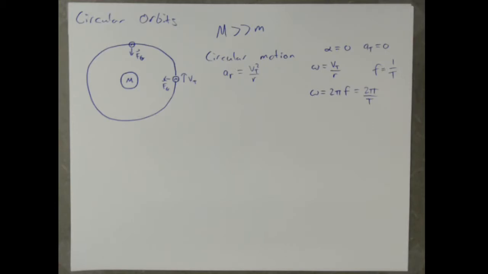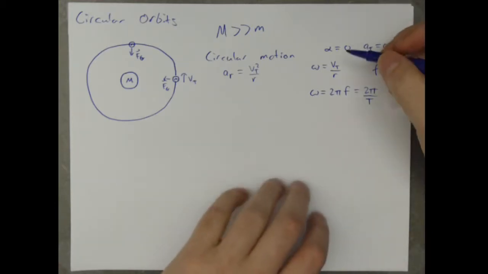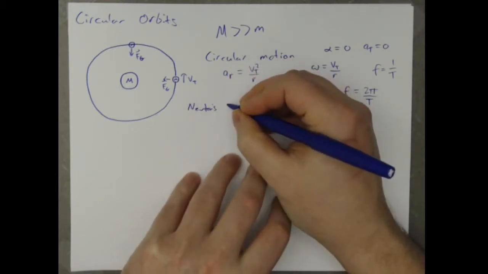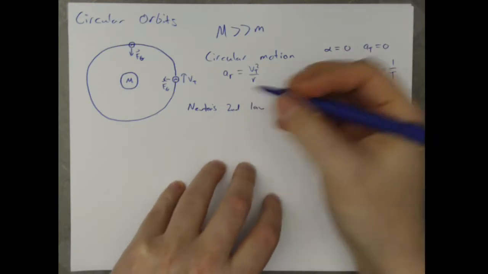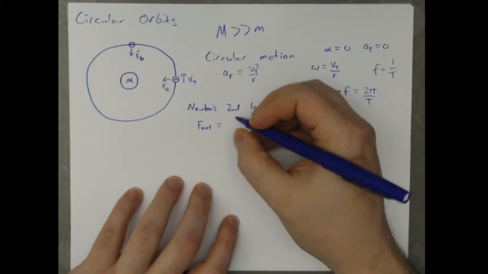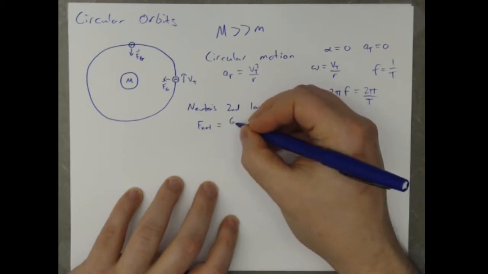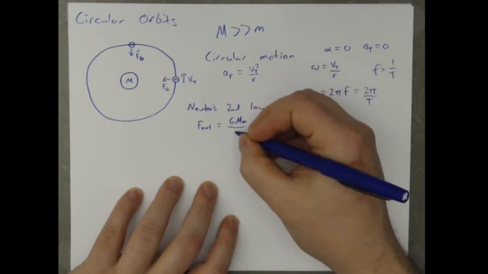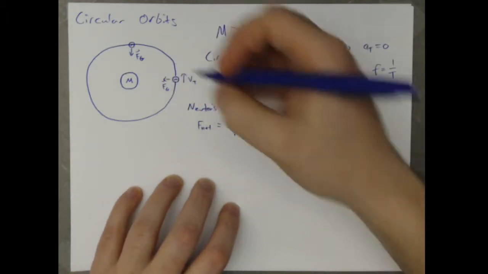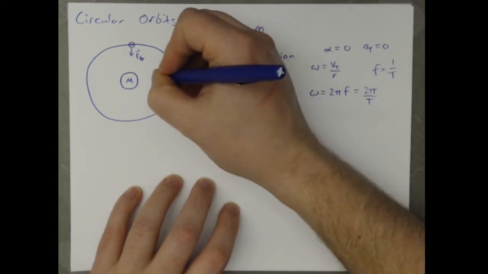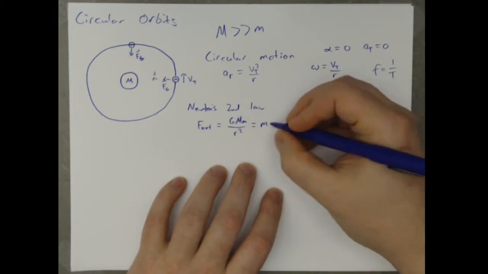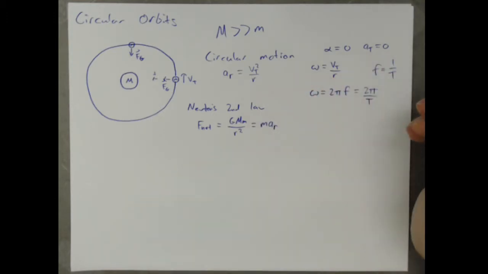Okay, so the thing about a lot of this is if we use Newton's second law, that's where we get the fact that the net force is just going to be the gravitational force. So G M m over R squared. And if we're doing this, I will say the positive direction is towards the center. And that is going to be equal to the mass times the radial acceleration.